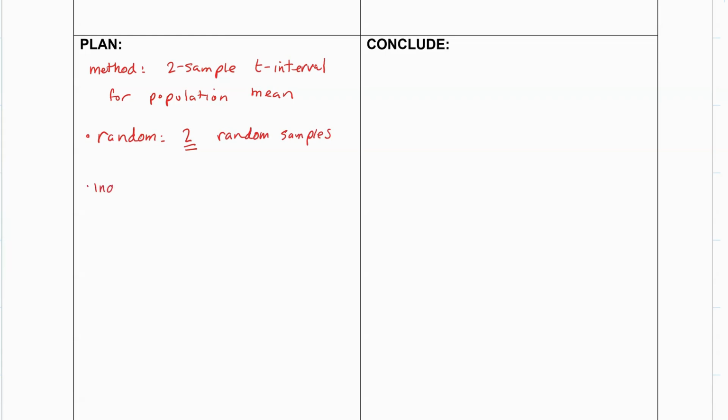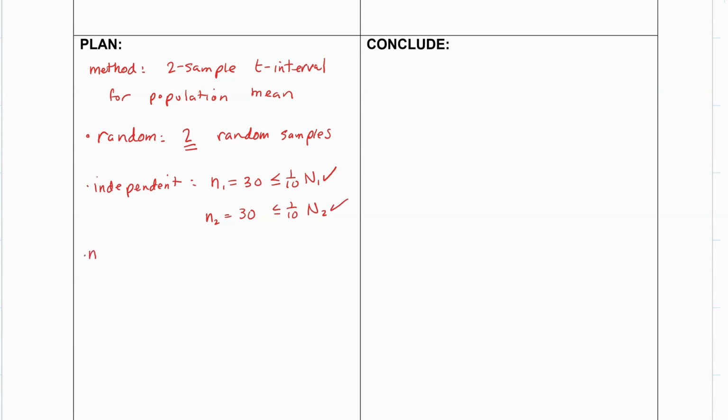For our independence check, N1, which was 30. Do we think that that's less than 1/10 of all of the trees in this old forest? I think that's a pretty safe bet. N2, which is also 30, also less than 1/10 of all the trees in that part of the forest.